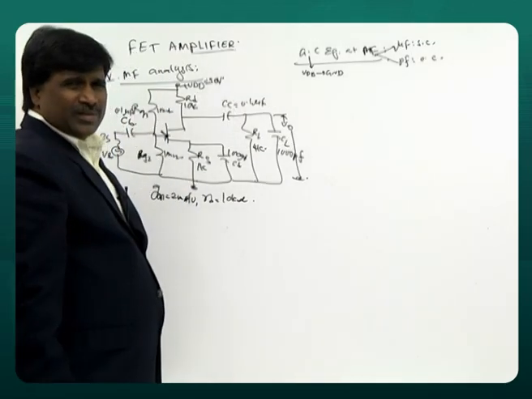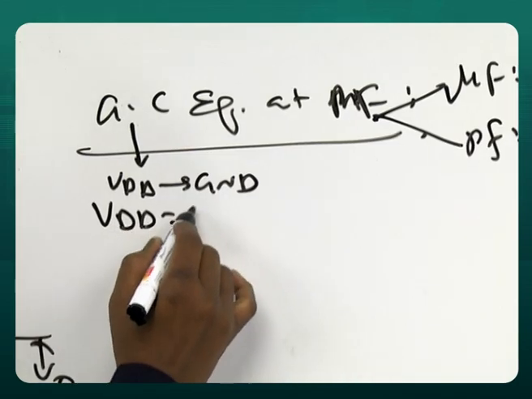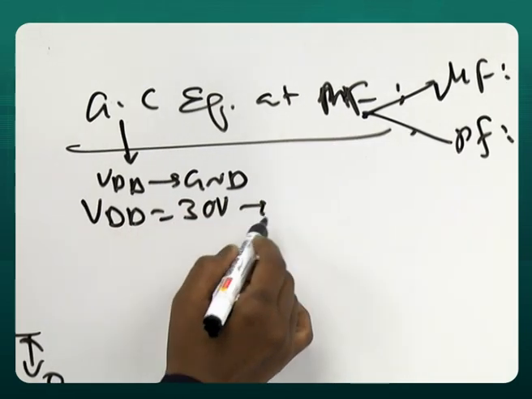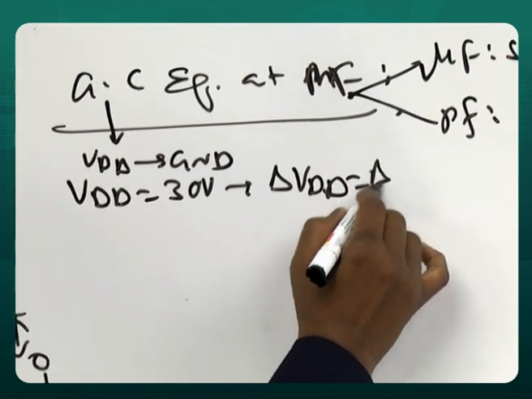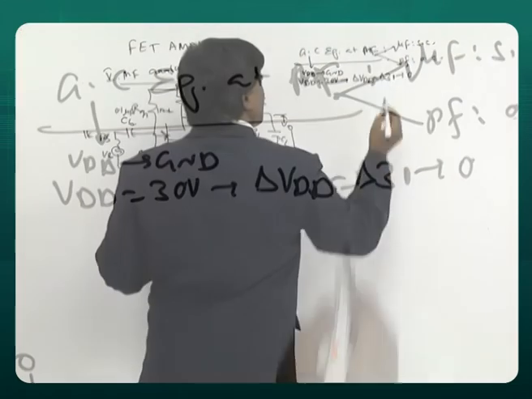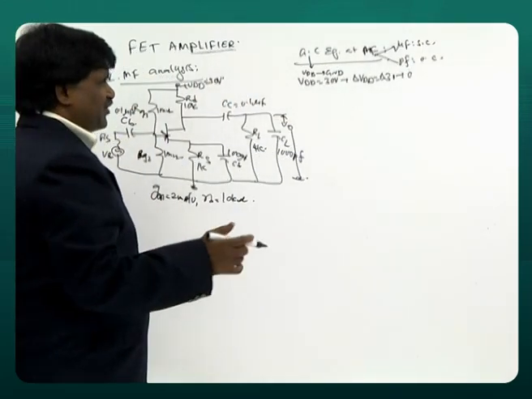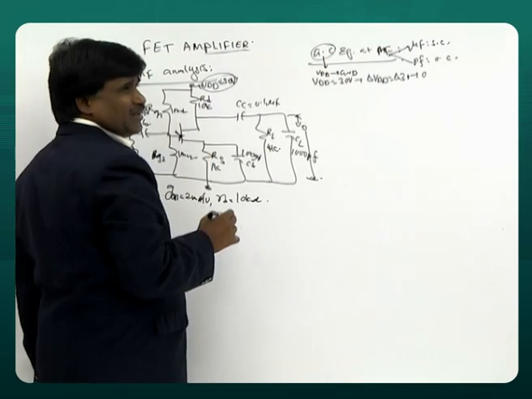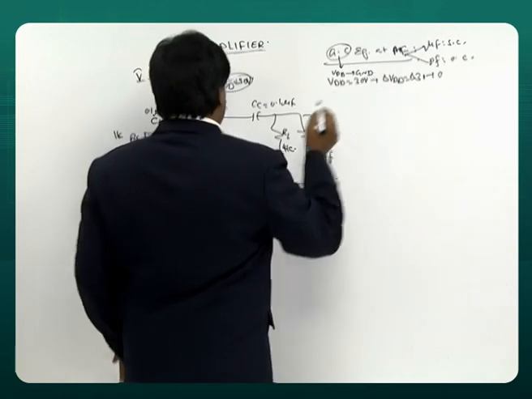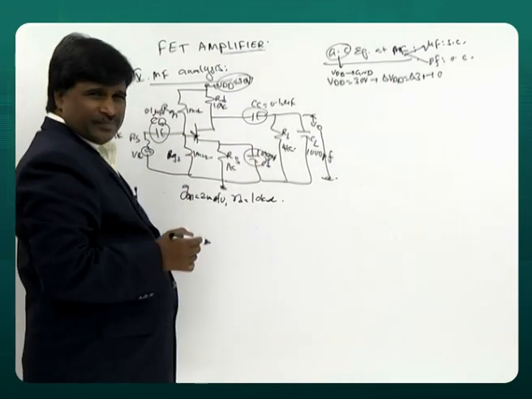Why is supply grounded? If any constant is there, for example, VDD is 30 volts, AC means change in VDD, change in 30 volts is 0. 0 means ground. So three aspects I need to consider. The first one is AC means the supply is grounded. Second, microfarad shorted, this is shorted, this is shorted, this is shorted.